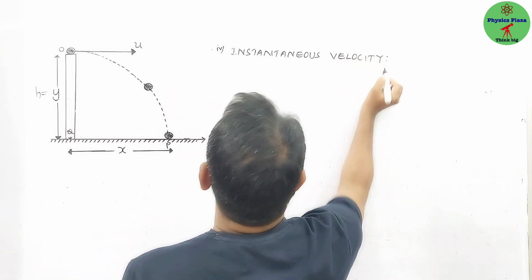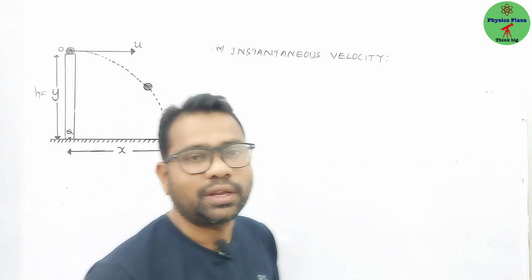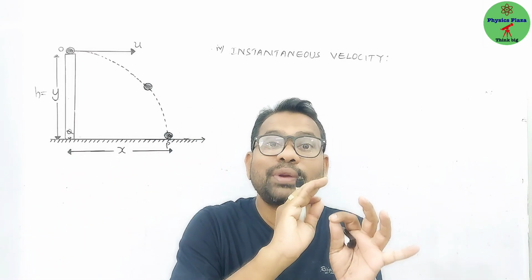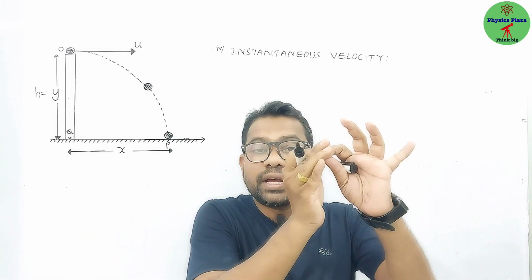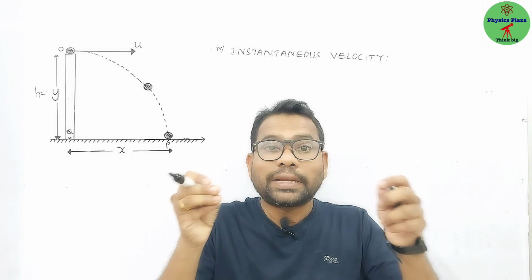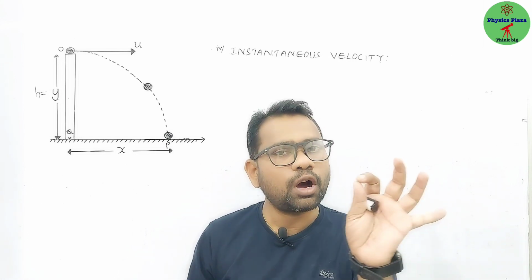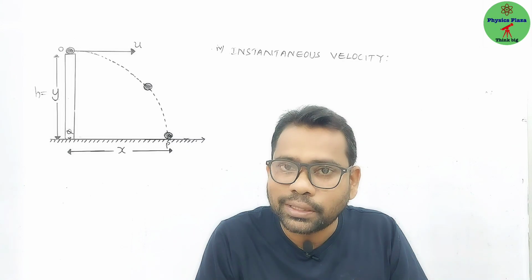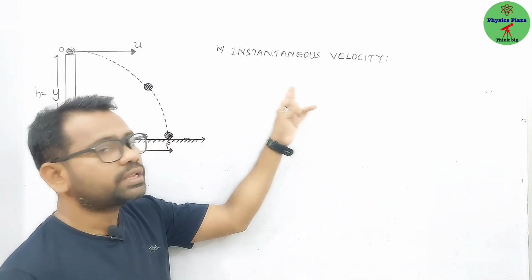We know that during its journey, at any point, it has two velocities. Some velocity along the horizontal direction that remains constant, and some velocity along the vertical direction that keeps on changing. The resultant of the horizontal component of velocity and the vertical component of velocity at any instant is called instantaneous velocity.